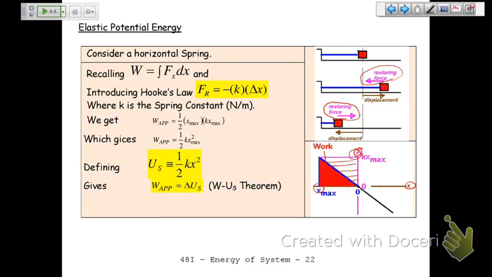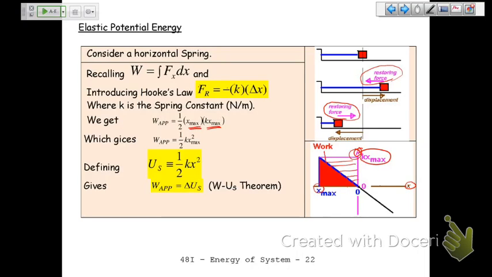Well, that's a triangle, and I know that the area of a triangle is half the base times the height. So the area, which is the work done, is a half the base times the height, and the base is x max, and the height is k x max. So I just multiply that out: half k x max squared.